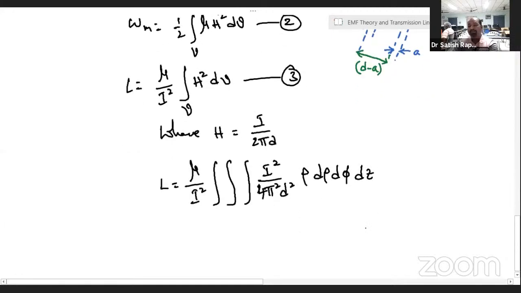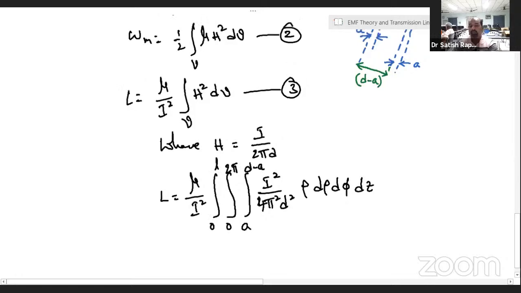Now what are the limits? The limits are different here. The limits for rho are a to d minus a. That is the only difference between the previous one and this one. Phi is 0 to 2 pi, and z is 0 to L.